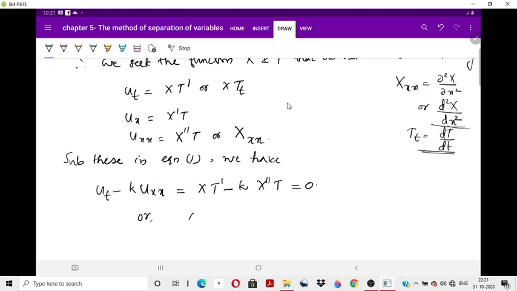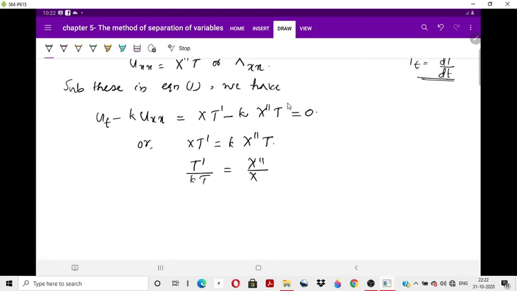Or X T prime is equal to k X double prime T, or we can write it as T prime by kT is equal to X double prime by X.